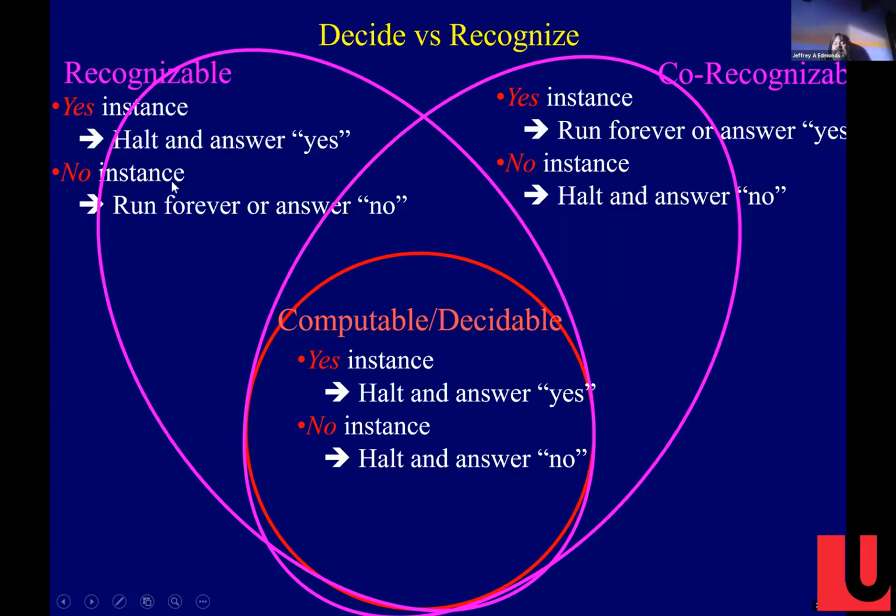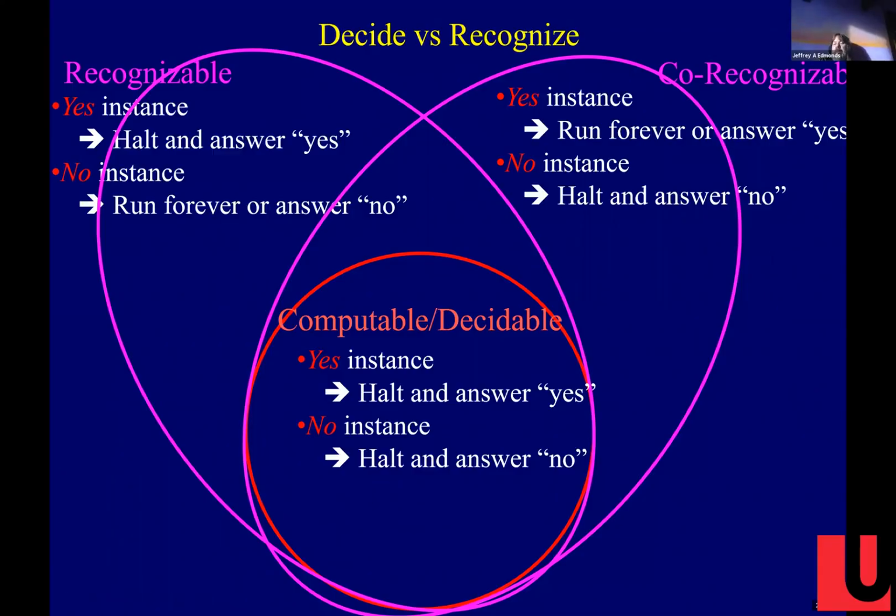Well, recognizable are Turing machines that on yes instances halt and say yes, and on no instances, well, they could do anything but that. They can halt and say no, or they could run forever. I don't care which, right? And the thing is that the halting problem lives up here, right? We say the halting problem can't be decided, but the halting problem can be recognized.